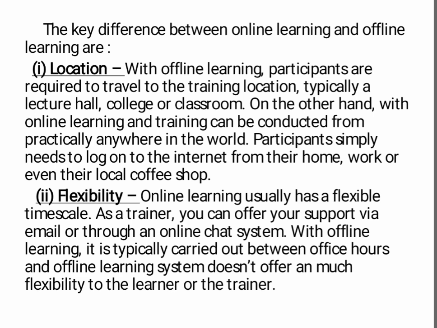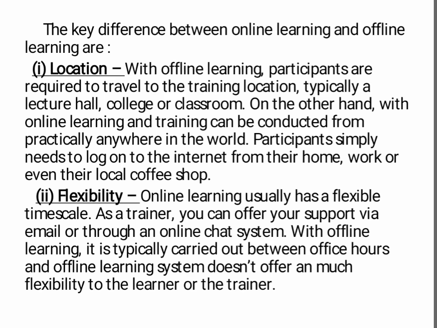The key differences between online learning and offline learning are, first, location. With offline learning, participants are required to travel to the training location, typically a lecture hall, college, or classroom. On the other hand, online learning and training can be conducted from practically anywhere in the world. Participants simply need to log on to the internet from their home, work, or even their local coffee shop.